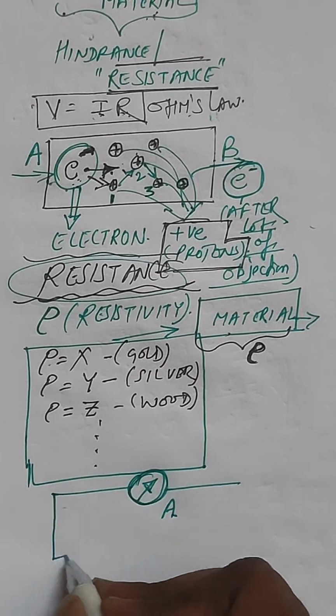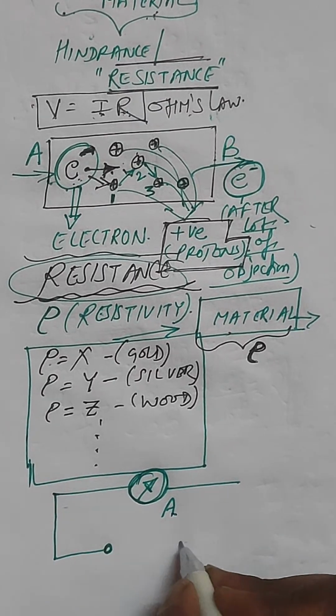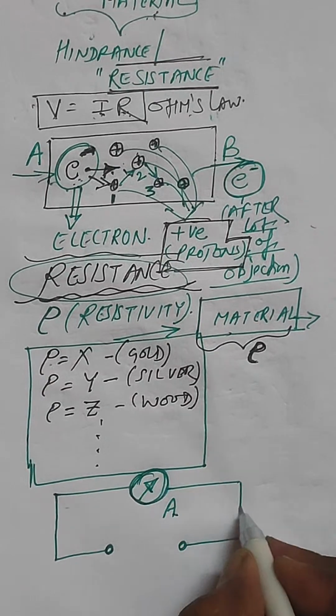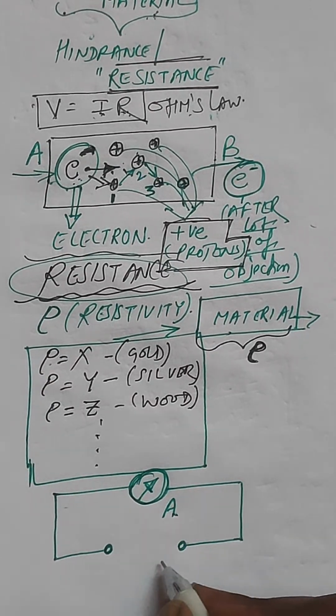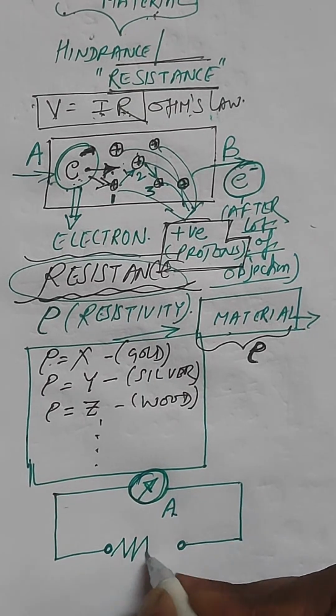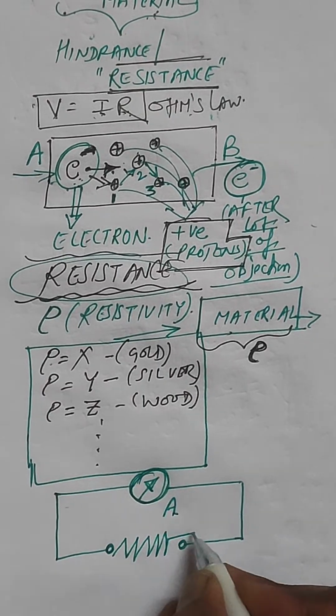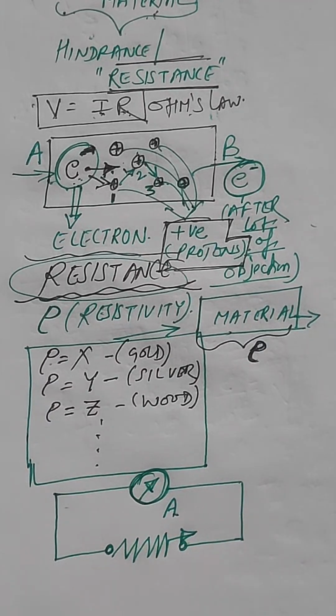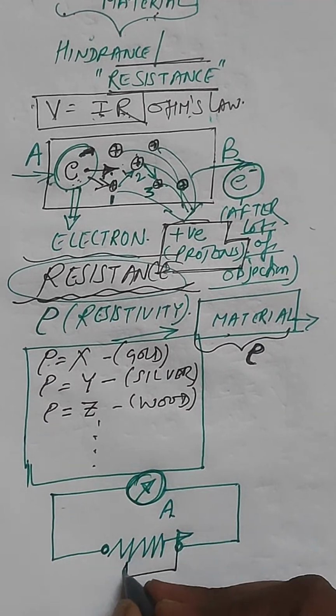So here we just put a rheostat. A rheostat is a device which can provide variable resistance in the circuit. It is represented like this, and here there is an arrow.